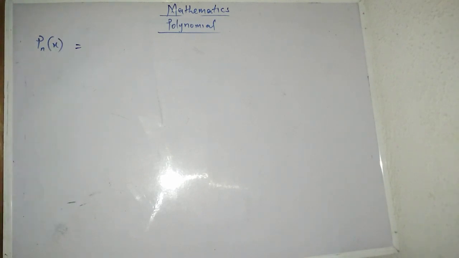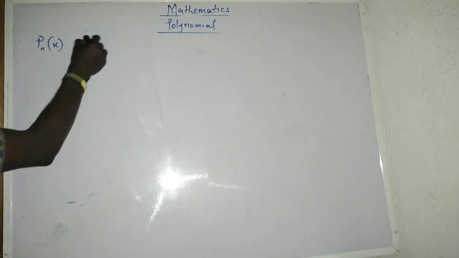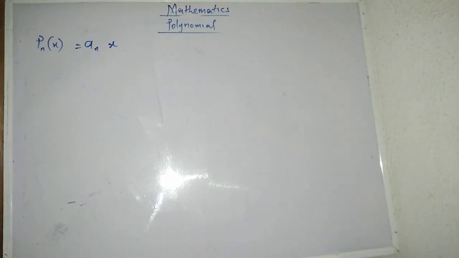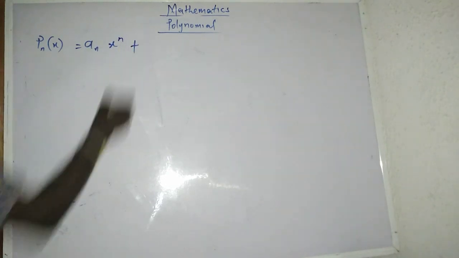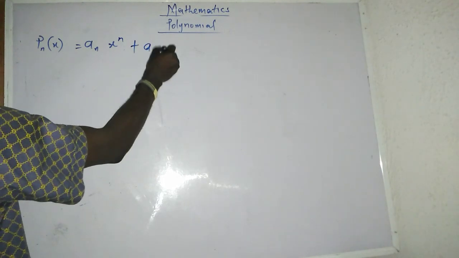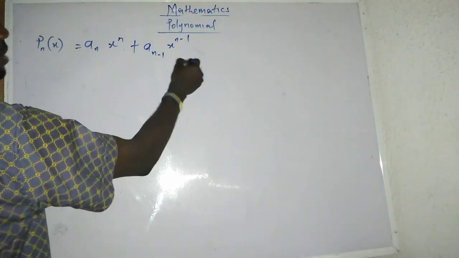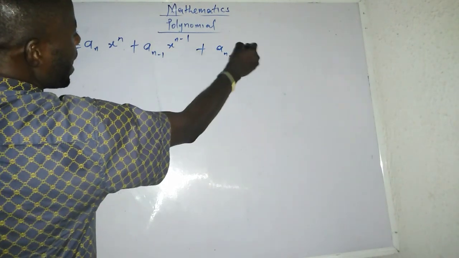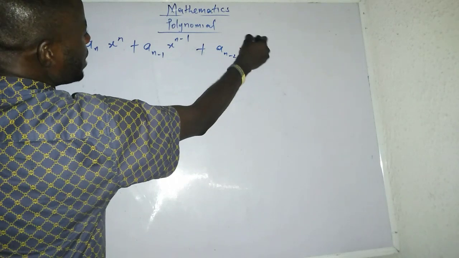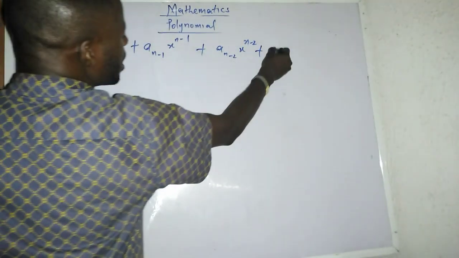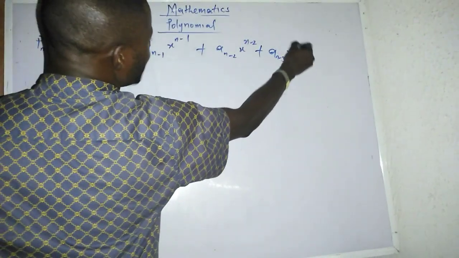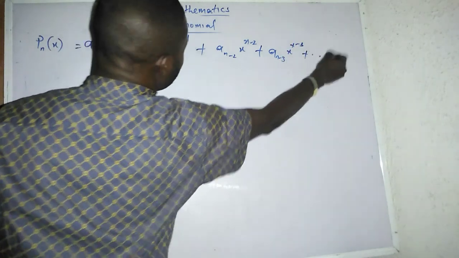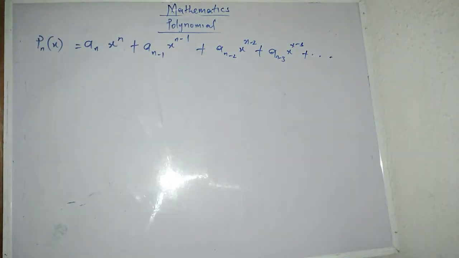Normally, the general term is a_n x^n plus a_(n-1) x^(n-1), plus a_(n-2) x^(n-2), plus a_(n-3) x^(n-3), and so on and so forth.